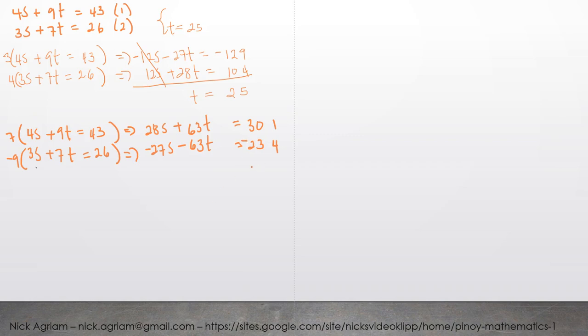So we have, this is 0, and then we have s is equal to, what will be? We have 7, this becomes 9, we have 67.